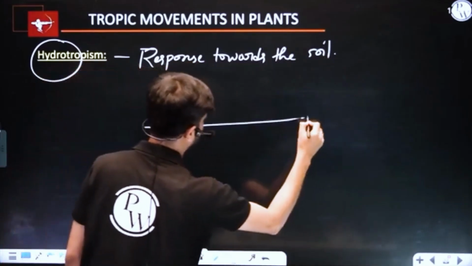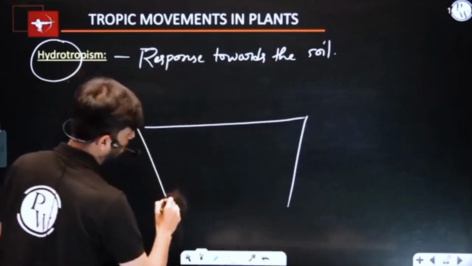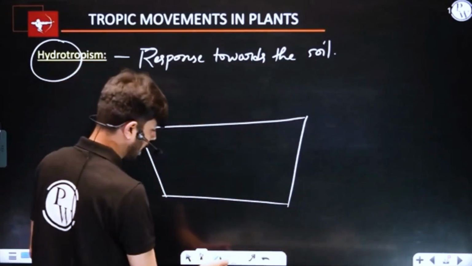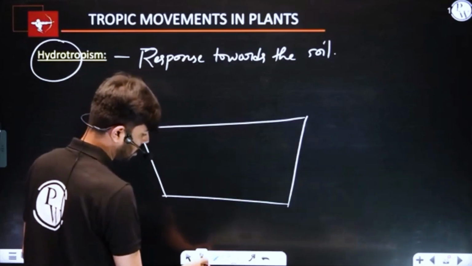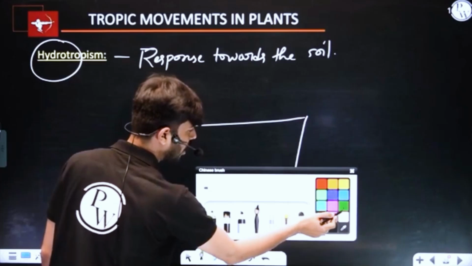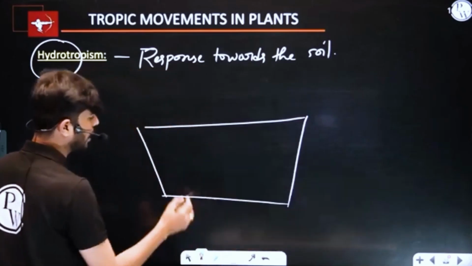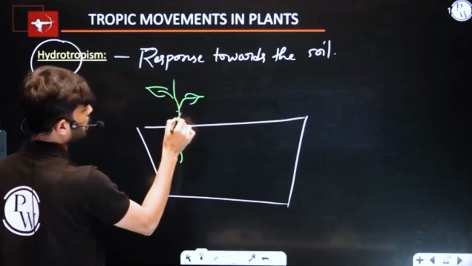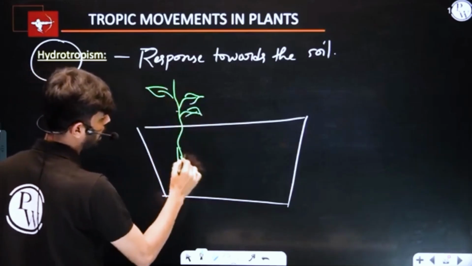Germination of seeds. Here is one glass tank we have taken. And inside the glass tank, we are going to germinate a seed. ಒಂದು seed ಅನ್ನು ಡೆವಲಪ್ ಮಾಡ್ತೀವಿ ಅಂತ ತಿಳ್ಕೊಳ್ಳೋಣ. ಆದರೆ ಪ್ಲಾಂಟ್ ಅನ್ನೇ ಬರೆಯೋಣ ಇವಾಗ. Okay, here is a plant. Roots are here.